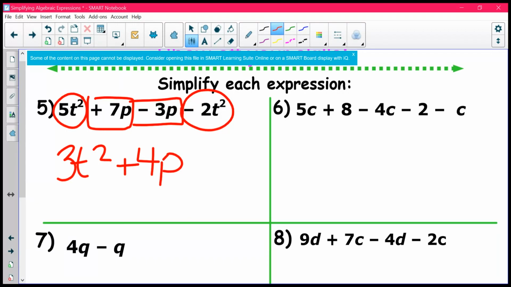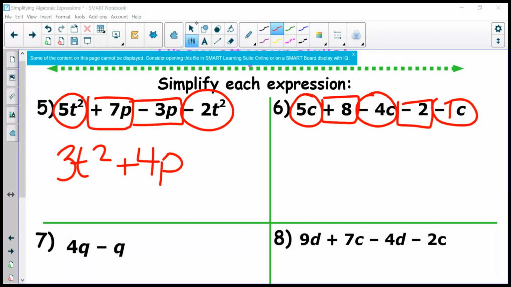Next one. Couple c's, and then we have 2 constants. All right. Don't forget this minus c over here is a minus 1c.